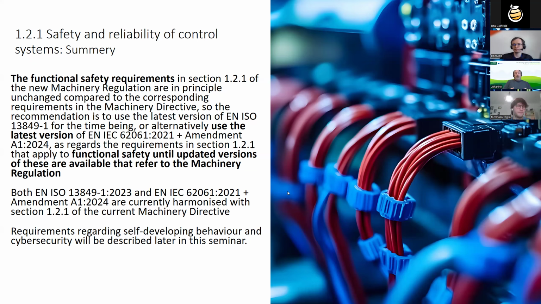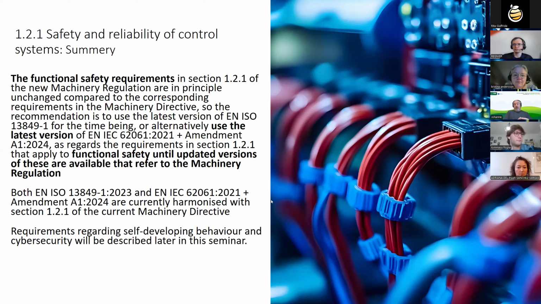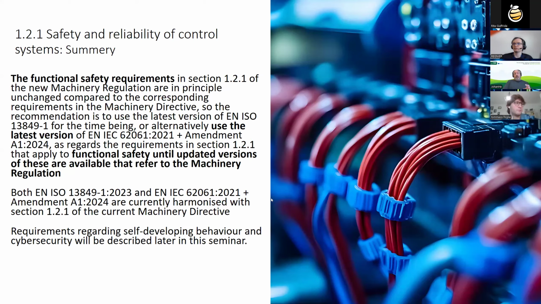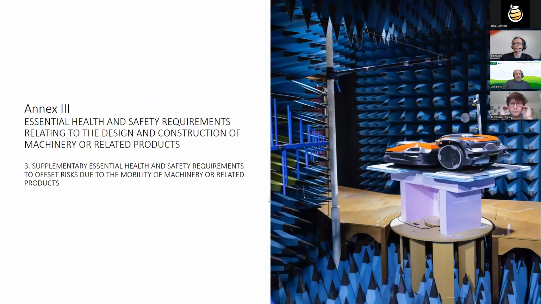So when it comes to functional safety, my best guess is that what you can do today is to follow the latest version of either of these two standards. That's the best you can do for the moment. But of course, when it comes to cybersecurity and AI, we need to see a development of standards during 2026. But they will not be extensions of 13849 or 62061.